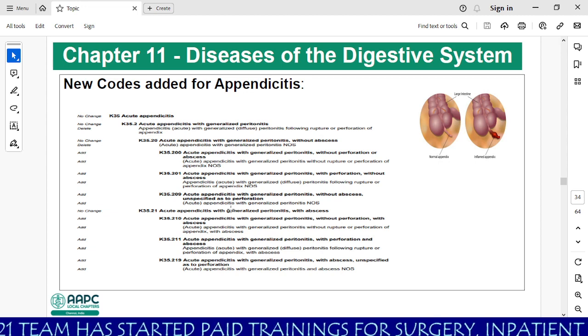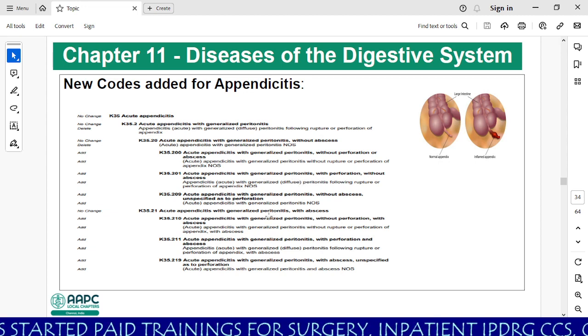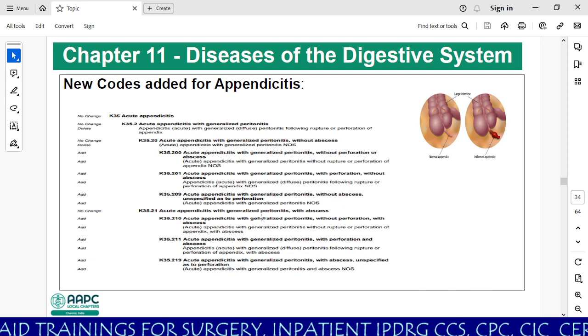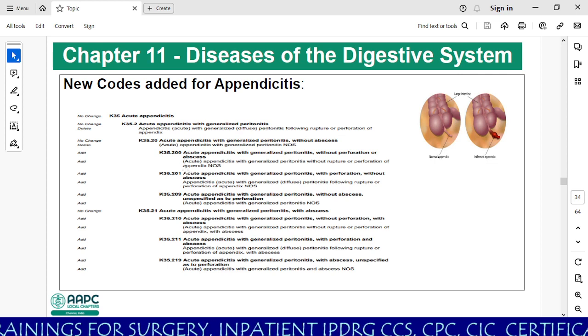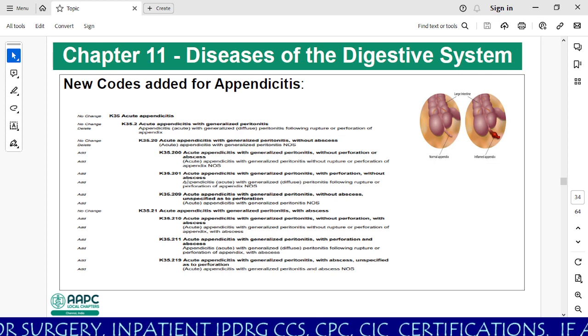So the first one is without perforation or abscess and this one is with perforation without abscess. If you see the next one, without abscess, unspecified as to perforation. These are all new CCs for inpatient coders.